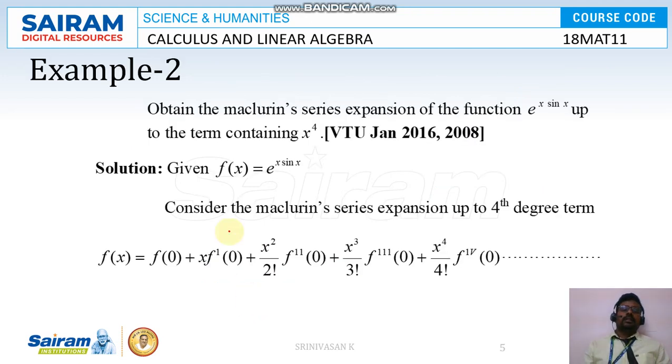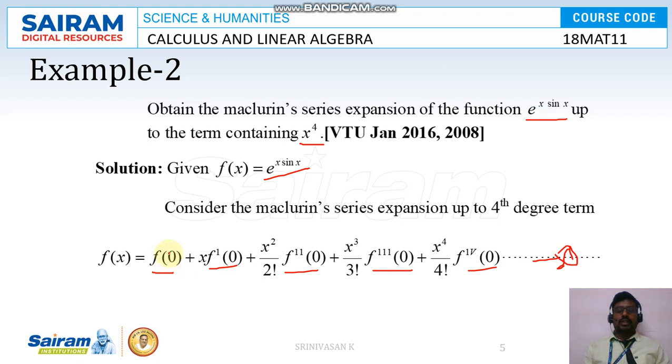So the second problem. The previous problem was e power only sin x; here it is e power x into sin x, again up to the 4th degree. So f of x equal to e power x into sin x. Write the formula up to the 4th degree. Our aim is to find f of 0, f1 of 0, f2 of 0, f3 of 0, f4 of 0.